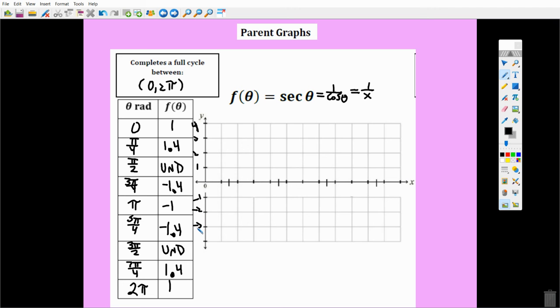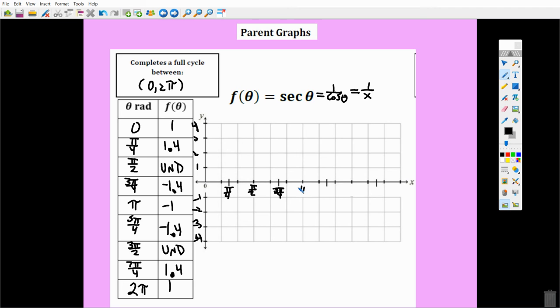Negative 2, negative 3, negative 4. And these I'm going to go ahead and plug in. In this case, it's going to be zeros right there. So this is going to be pi over 4. Next, pi over 2. Next, we're going to have 3 pi over 4.